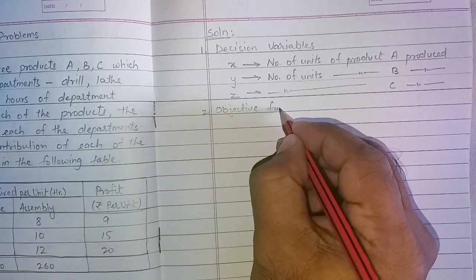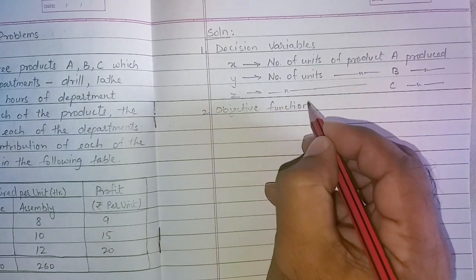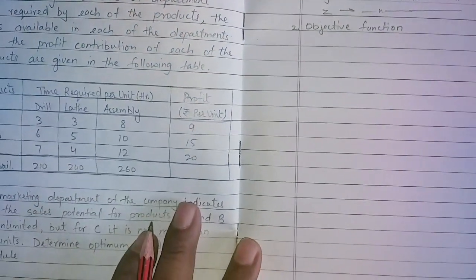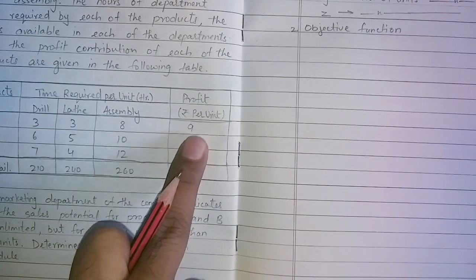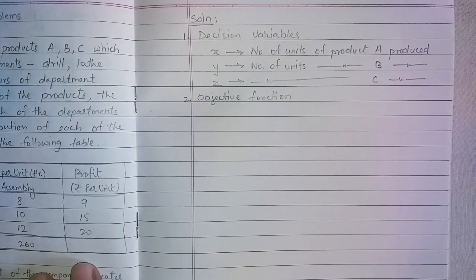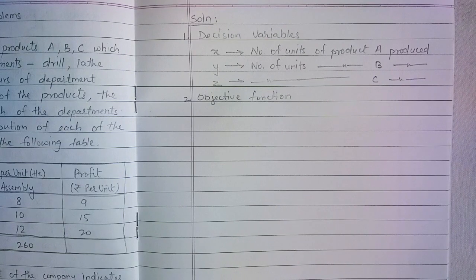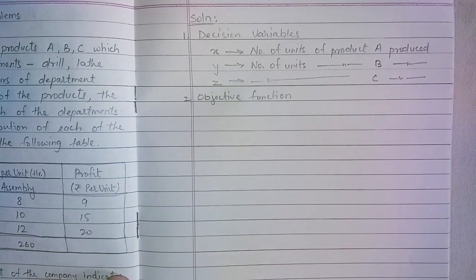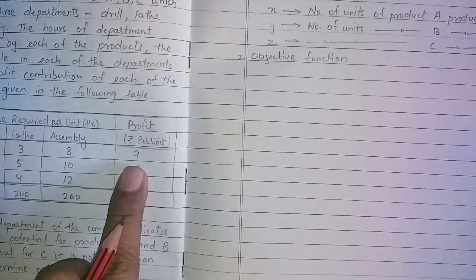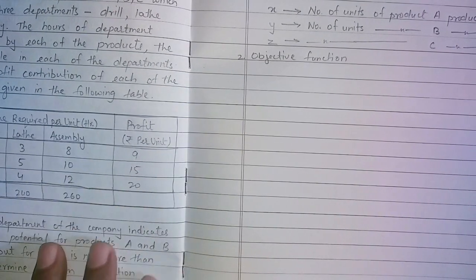Let us go ahead and write the objective function. Now what is my objective here? My objective is to maximize my profit, because you can see here we have been given the profit per unit. So I have to write a linear function such that it maximizes my total profit. What is the profit for product A? 9.